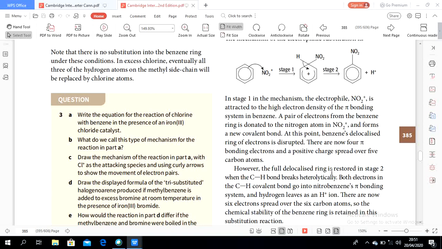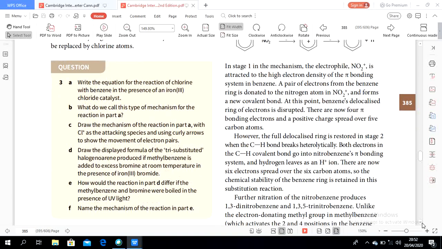But heterolytic is the process of breaking a molecule into an electrophile and a nucleophile. Both electrons in the C-H covalent bond go into the nitrobenzene's pi bonding system. Hydrogen leaves as a hydrogen ion. There are now 6 electrons spread over the 6 carbon atoms, so the chemical stability in the benzene ring is retained in the substitution reaction.